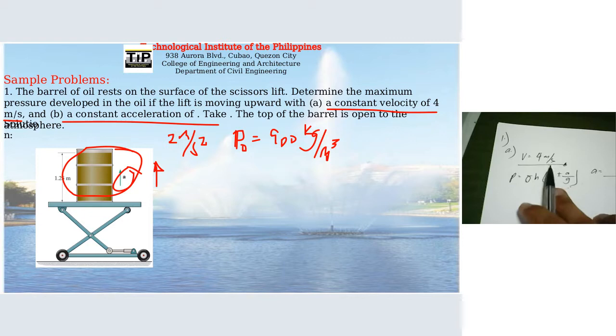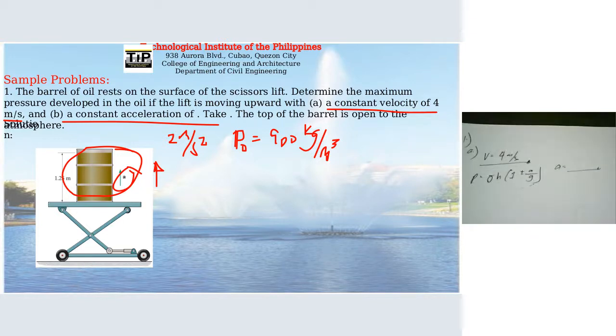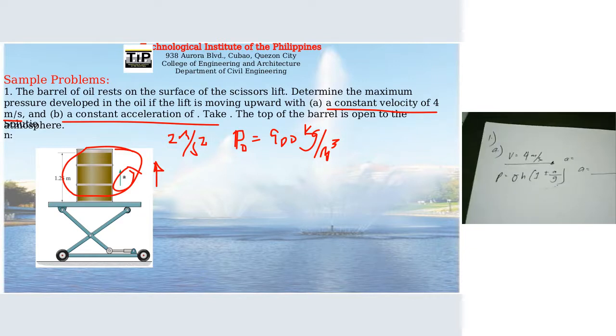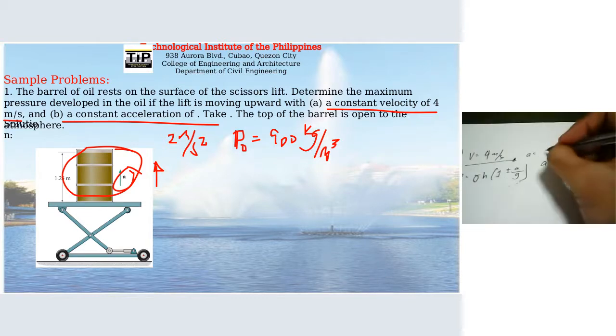If we have a constant velocity, meaning the velocity is not increasing, not decreasing, ano yung acceleration? Equal to 0.